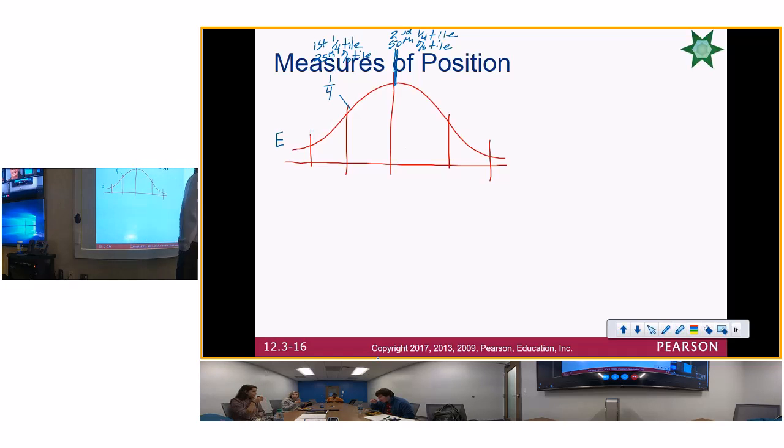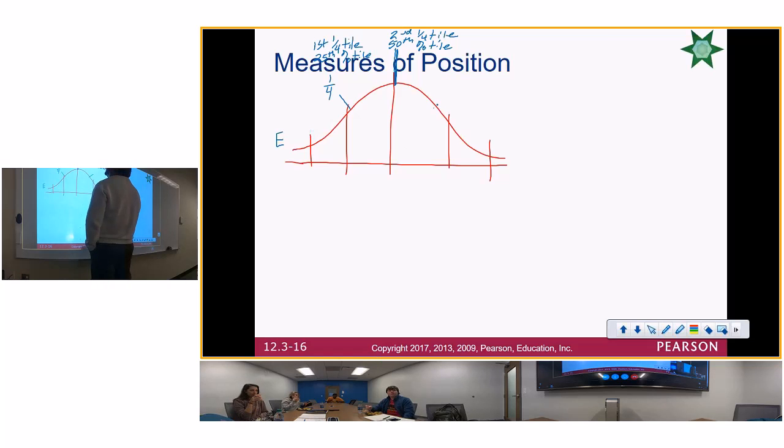And then we come over here, and what is that? 3/4, which is your third quartile. Somebody tell me what percentile it is. 75th percentile.